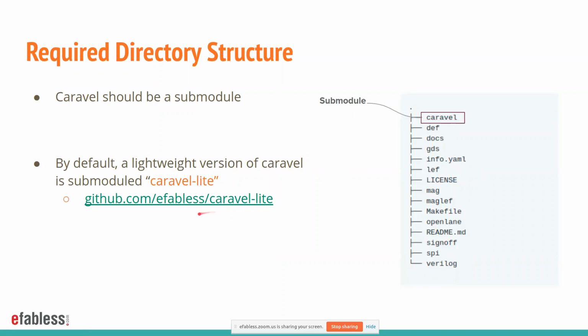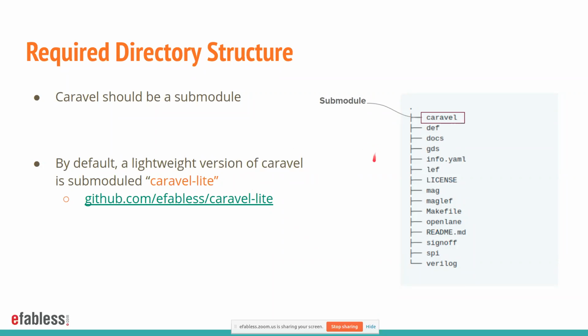So it only has the files that you need as a user. So it has the Verilog RTL for Caravel and Verilog gate level to run full chip simulation. It has the golden wrapper configurations, but it doesn't have the large files like the GDS files for the Caravel chip.